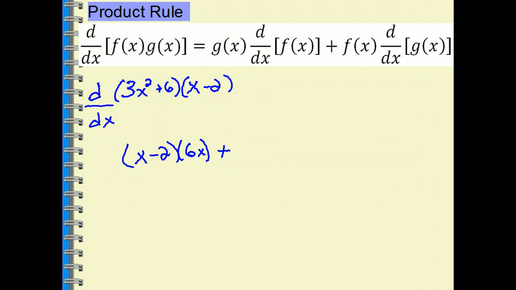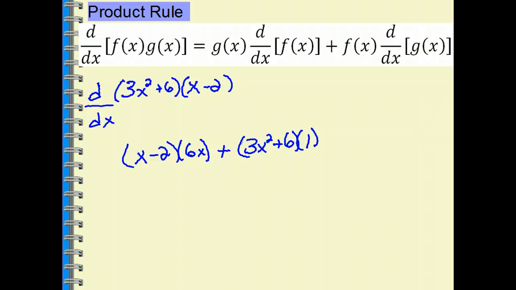And then we want to add the first function, 3x squared plus 6, and we want to multiply by the derivative of the second. Well, the derivative of the second, we just have 1x. We keep the coefficient of 1, and derivative of x is simply just 1. So we can look through here and see that, well, let's combine like terms.